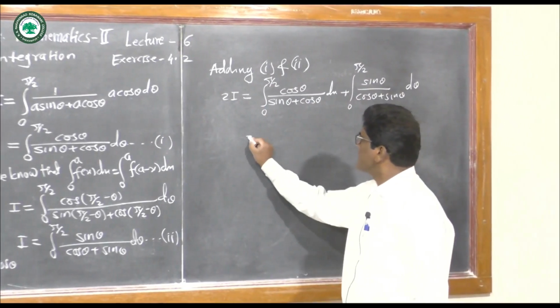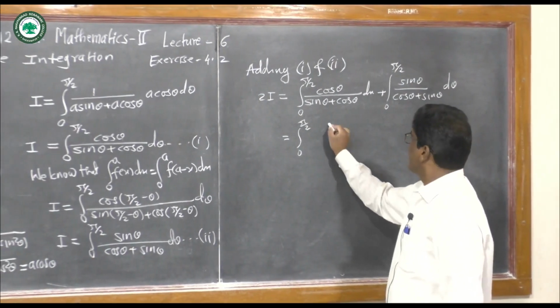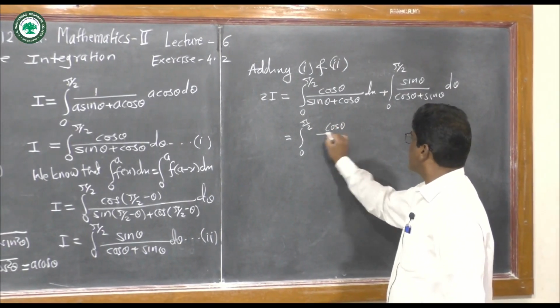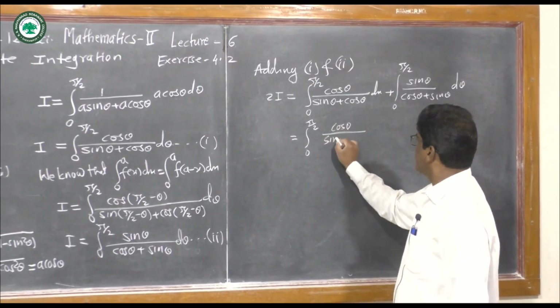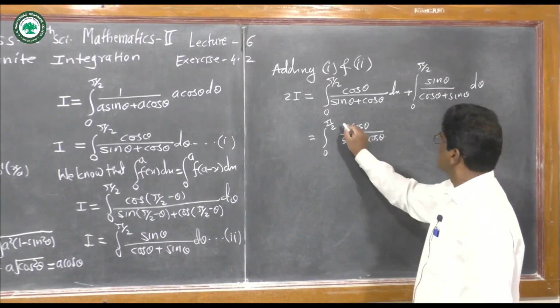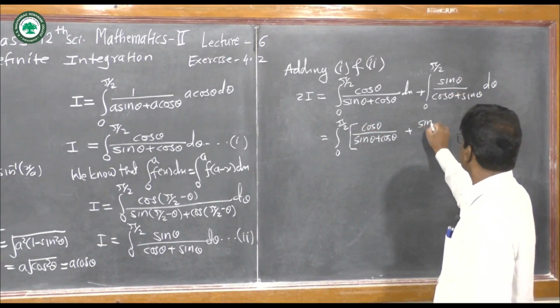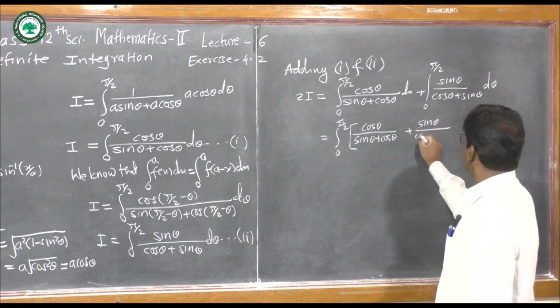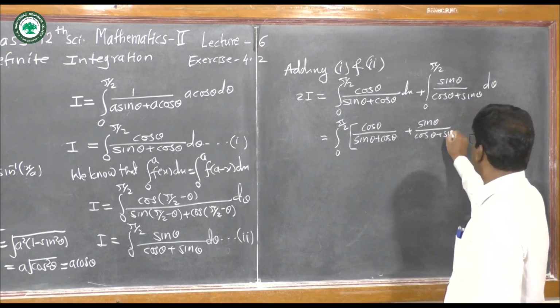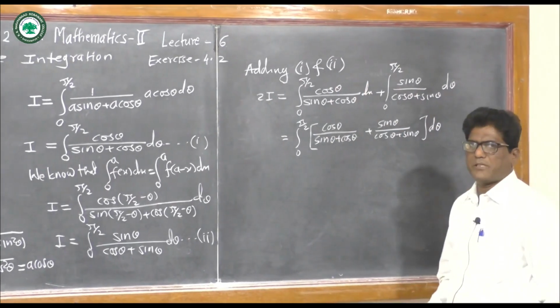So it is equal to integration from 0 to pi by 2 cos theta upon sin theta plus cos theta, plus here sin theta upon cos theta plus sin theta, and then write d theta. We take integration 0 to pi by 2 common.